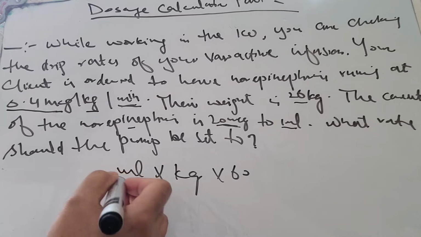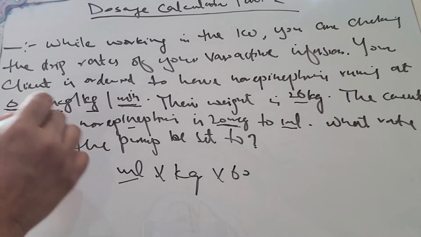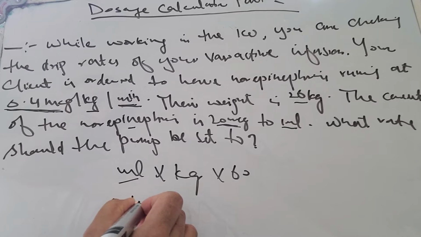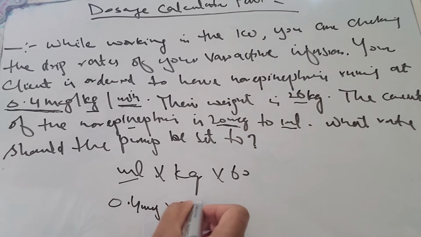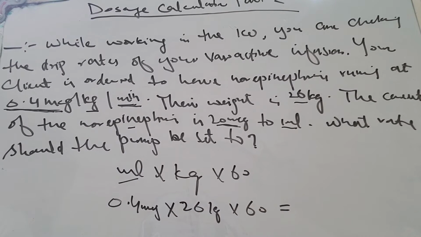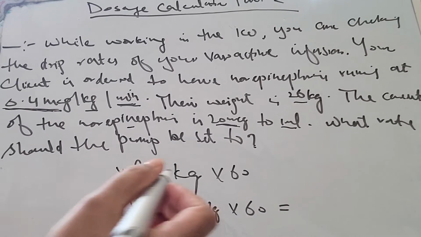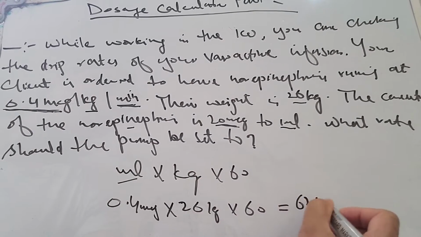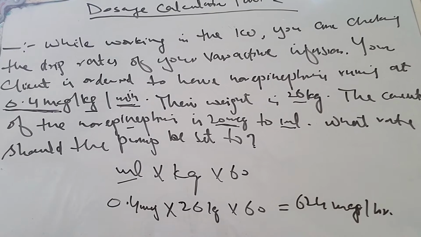So what's the dose per minute? 0.4 microgram multiply the kg weight, 26 kg, multiply by 60. If we calculate 0.4 multiply 26 multiply 60, our answer will come 624 microgram per hour.